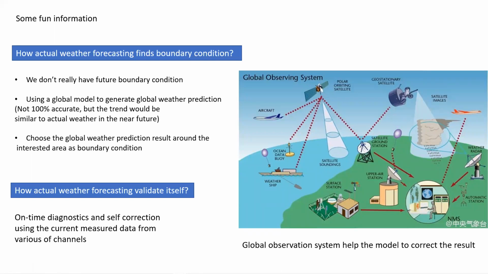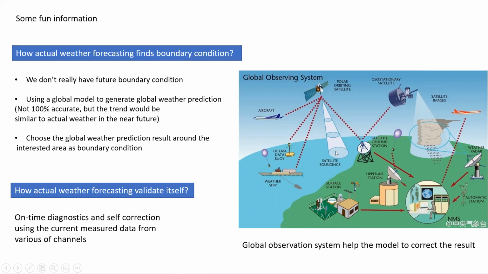For example, today I have made my prediction of Sydney using the model for the next 24 hours. But after 6 hours, I will use satellites and ships to do a measurement to check the difference between the prediction and the actual condition. And we use that difference and some equations to correct our weather forecasting predictions.